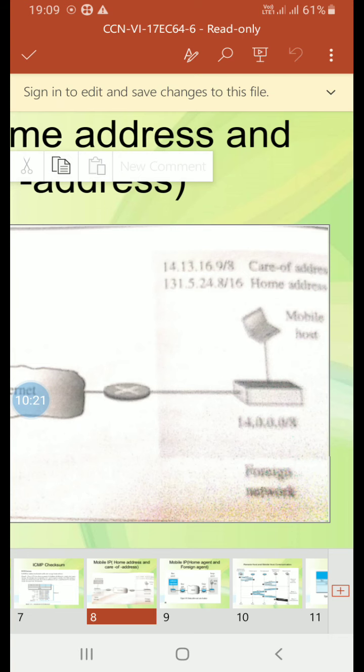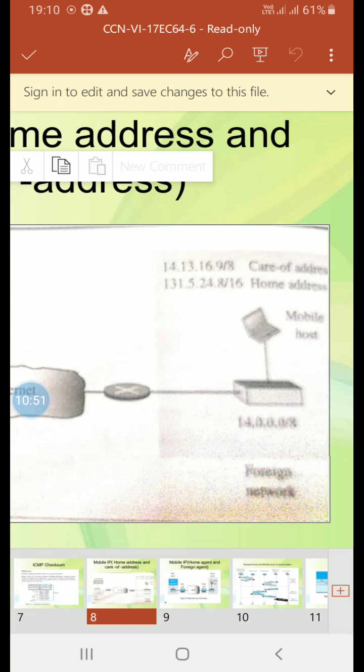The care-of address is temporary. When a host moves from one network to another, the care-of address changes. It is associated with the foreign network, the network to which the host moves. When a mobile host visits a foreign network, it receives its care-of address during the agent discovery and registration phase described later.